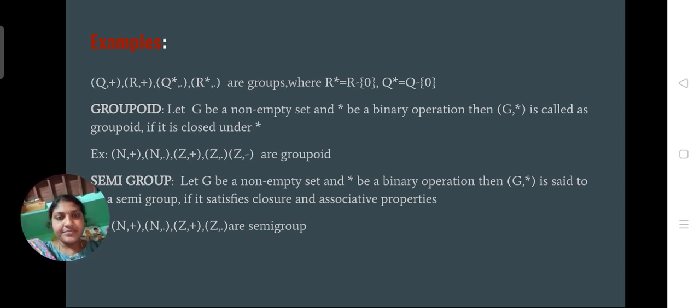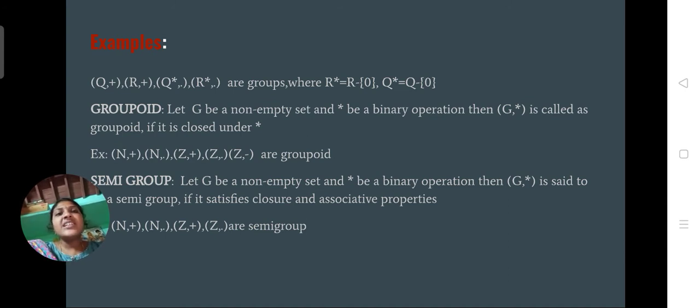And the next definition is groupoid. In a group, we say a set is a group if it satisfies 4 properties: closure, associative, identity and inverse. In a groupoid, if we take any non-empty set G and star is a binary operation, then that set is called a groupoid if it satisfies the closure property, that means if it is closed under star.